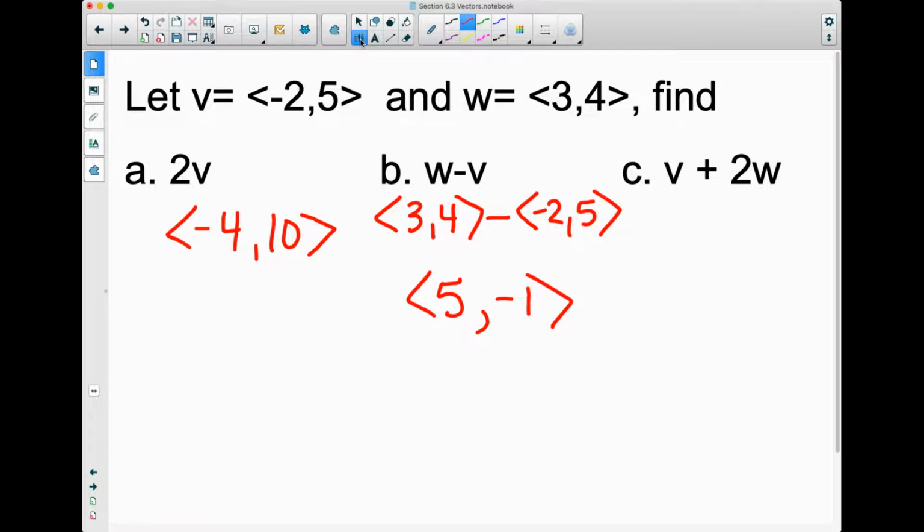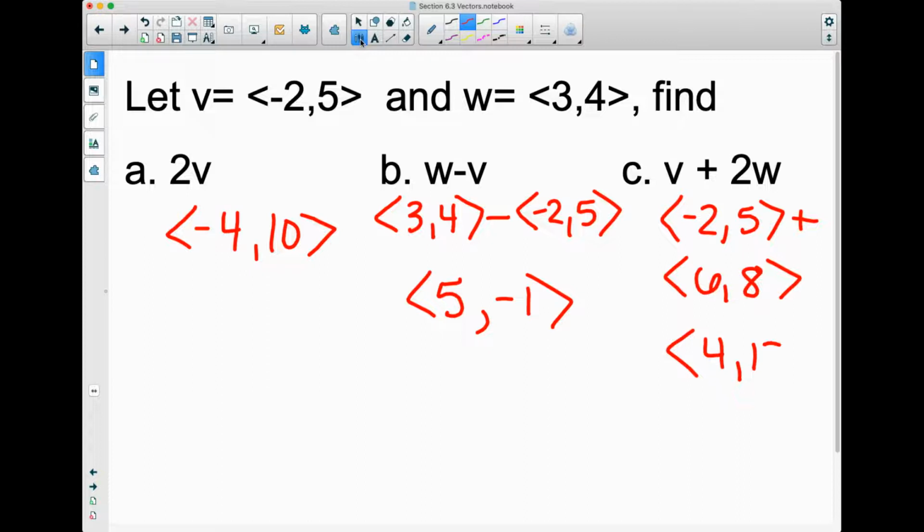And then vector v is negative 2, 5, plus 2 times my vector w, so that's 6 and now 8. Then I can add these together. So the operations, like I said, are easier than the generalizations that they give you.